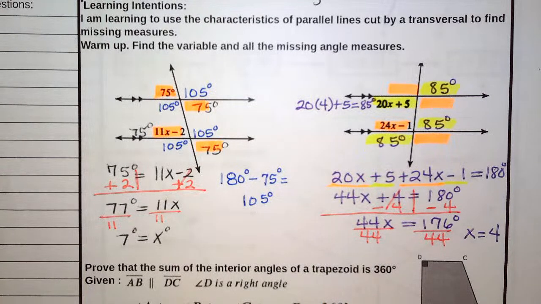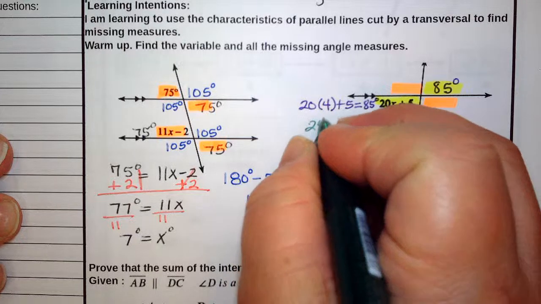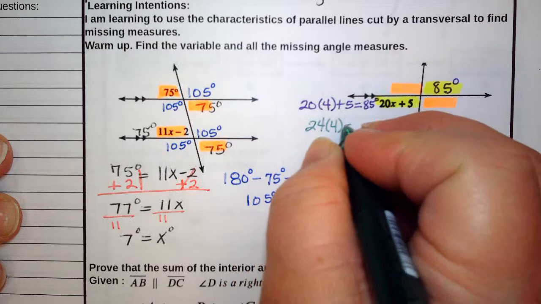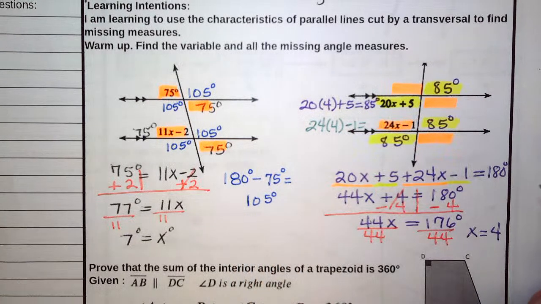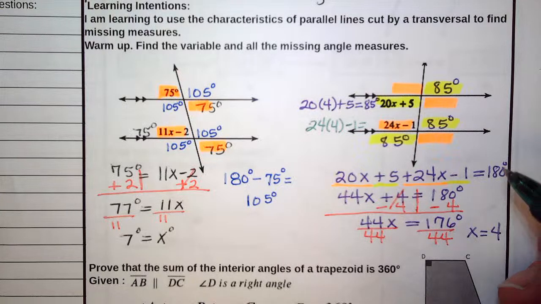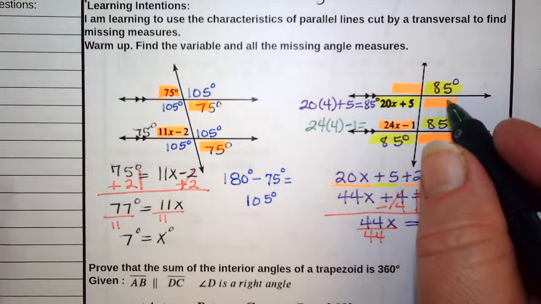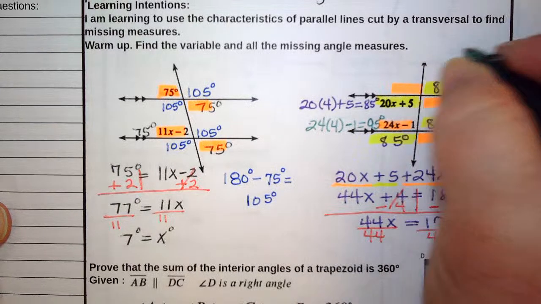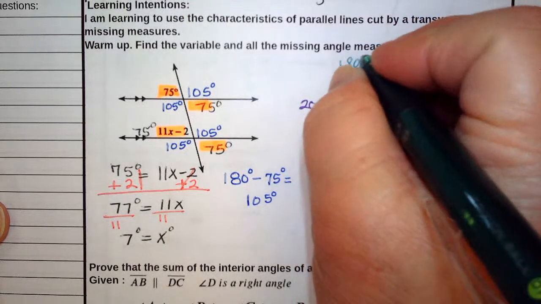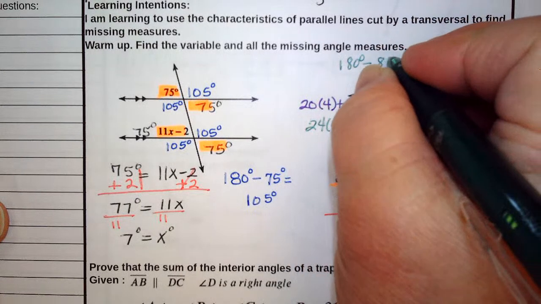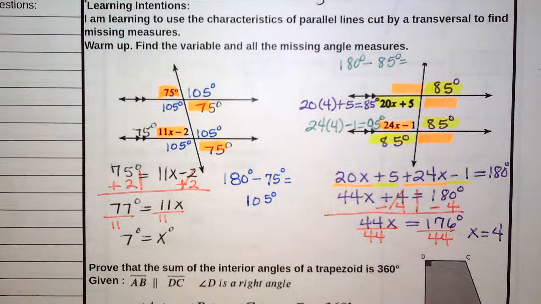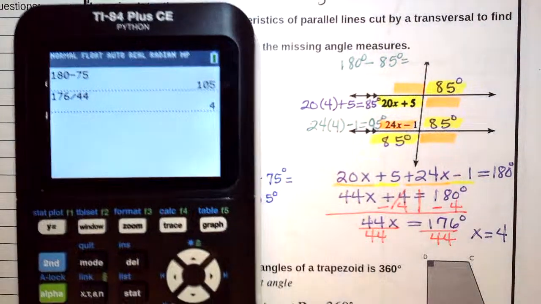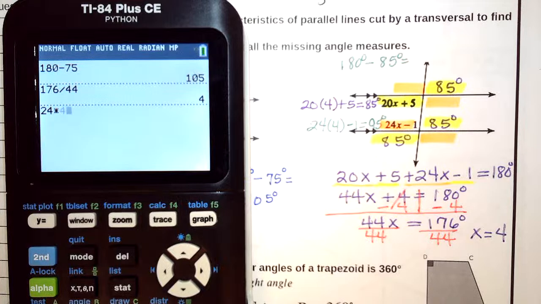Okay, we can put it into the other one and solve again. 24 times 4 minus 1, or I can look at 180 minus 85. 180 minus 85 would be 95. 24 times 4 minus 1, I get 95 again.